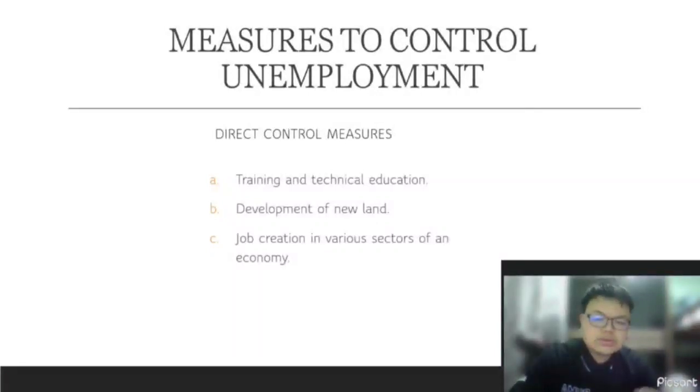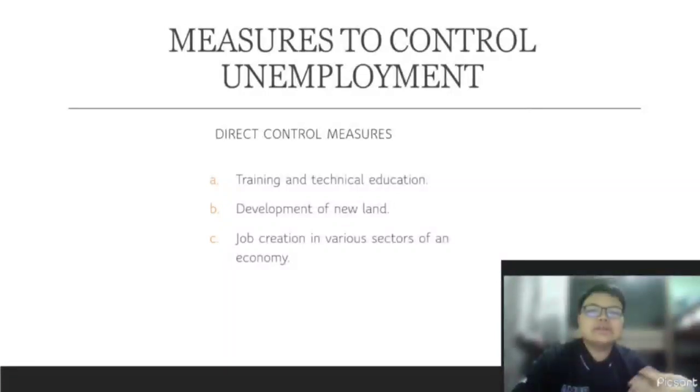The third one, which is the last direct control measure, is job creation in various sectors of an economy. More job opportunities can be created if there is diversification in an economy.